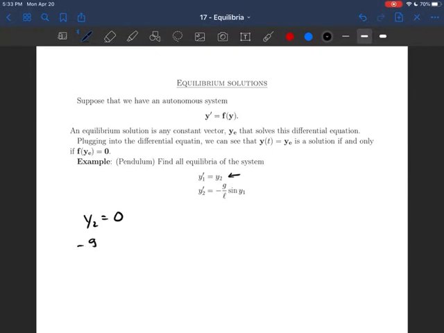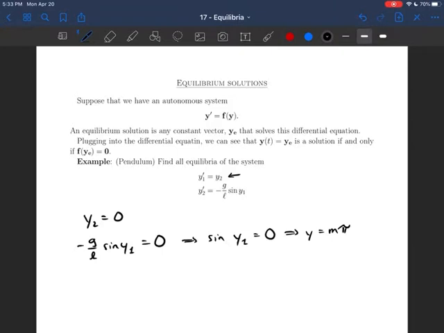Remember, that has to be constant, that solve all of the equations simultaneously. So what are these equations we need to solve? In this case, we need y2 equals 0, right, from f1 here, and we need minus g over L sine of y1 equals 0.